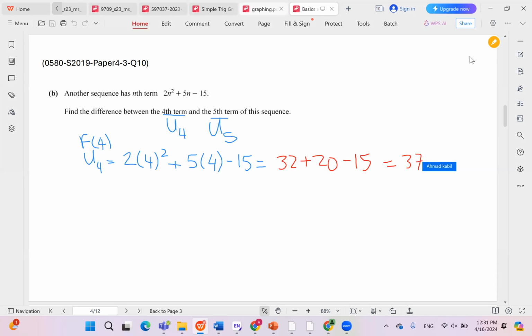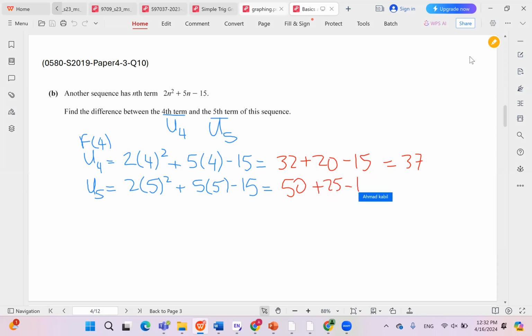And then for u5, we're going to do the exact same thing again, but we're going to plug 5 instead of 4 in n. So we get 2 times 5 squared plus 5 times 5 minus 15. And if we simplify this, we get 50 plus 25 minus 15.